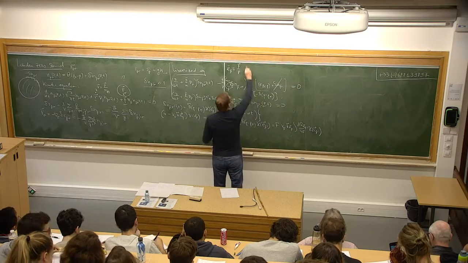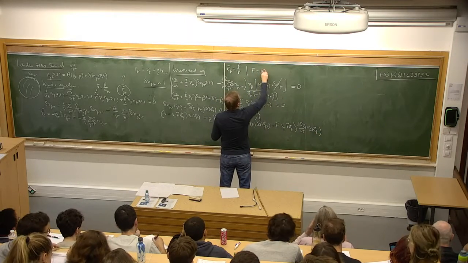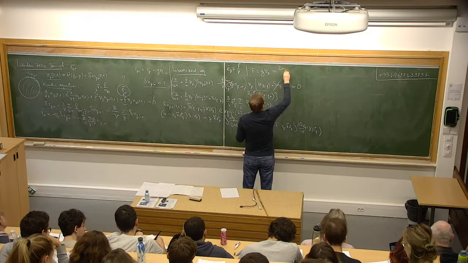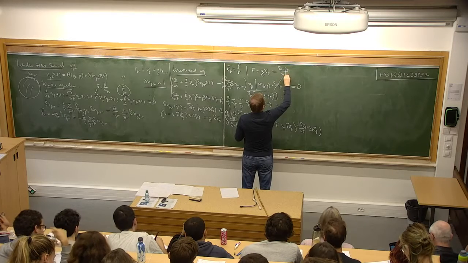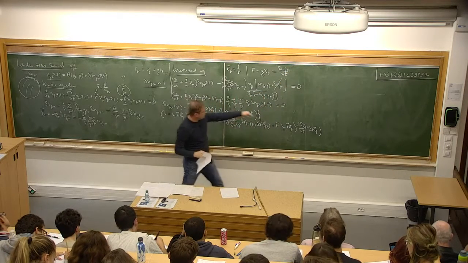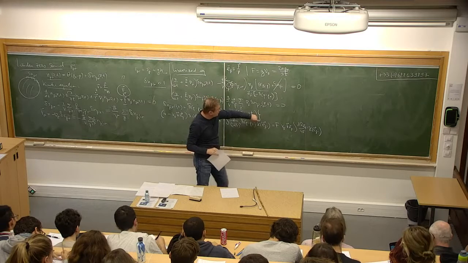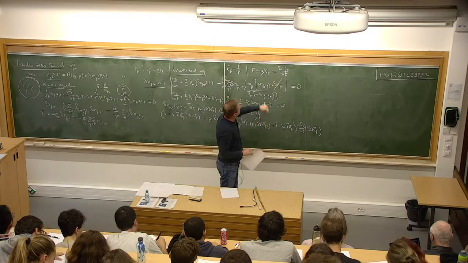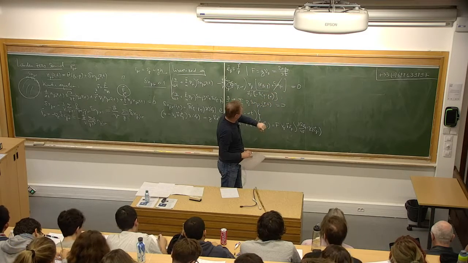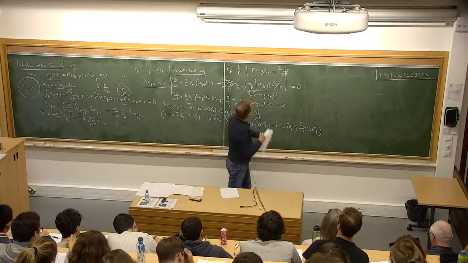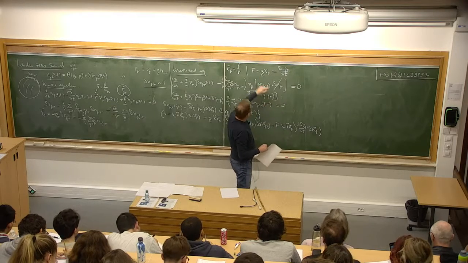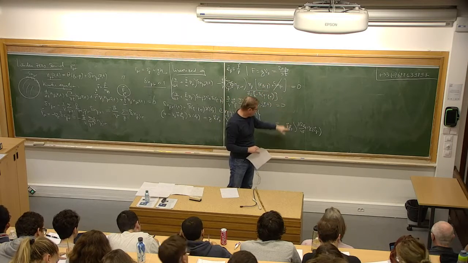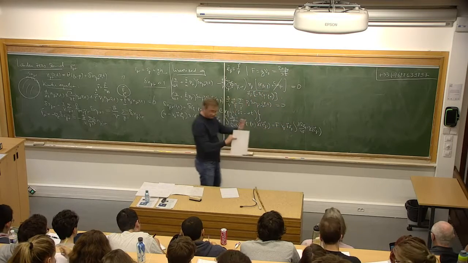F, I remind you, was our density at the Fermi surface, 2 m pF over pi h bar squared. You see, you will get here P Fermi squared. One P Fermi I took here to form the density of states. And then I also have to multiply by M, and I divide by M, and the rest, P Fermi divided by M, is just V Fermi. So you can just check.